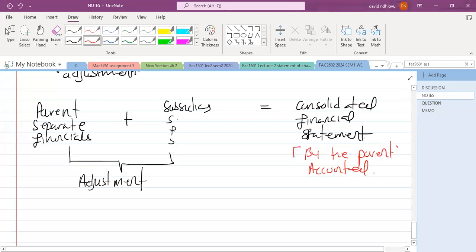The subsidiary or the non-controlling interest are not interested in the group because they don't have a share in the group. They only have a share in the subsidiary, so they are interested in the separate financial statements. But the parent, who has an investment in both, will be interested in the combined value of the two companies. So we create the consolidated financial statements so that that information can be readily available.